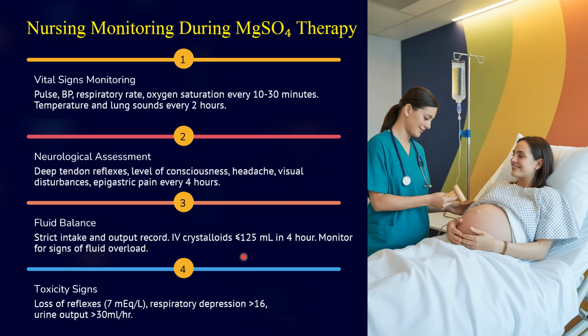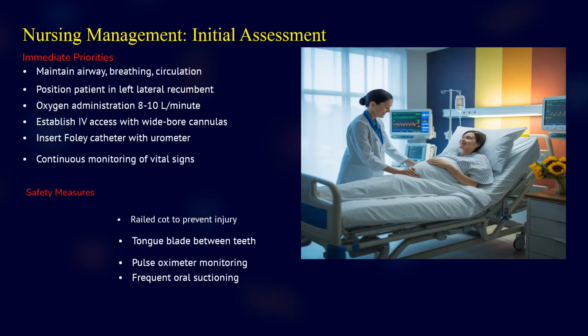Also check for toxicity, which we discussed in the previous slide: loss of reflexes, respiratory depression, or urine output less than 30 per hour, it should be more than 30 per hour. Okay, so now lastly, let's learn about the nursing management for an eclampsia client.